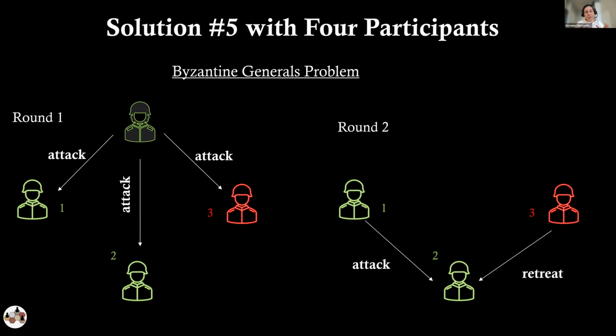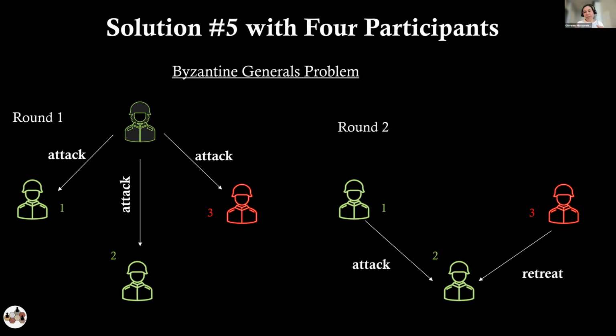In this situation, you see the commander is loyal, and the traitor is Lieutenant 3. In the first round of communication, the commander is sending attack to all the other generals because he's honest. In the second round, Lieutenant 3, the malicious one, the traitor, is sending retreat rather than attack. The problem is solvable, in the Byzantine Generals Problem paper, also if the commander is a traitor.